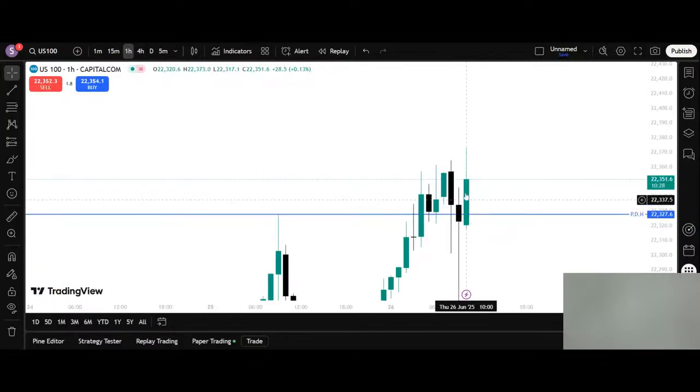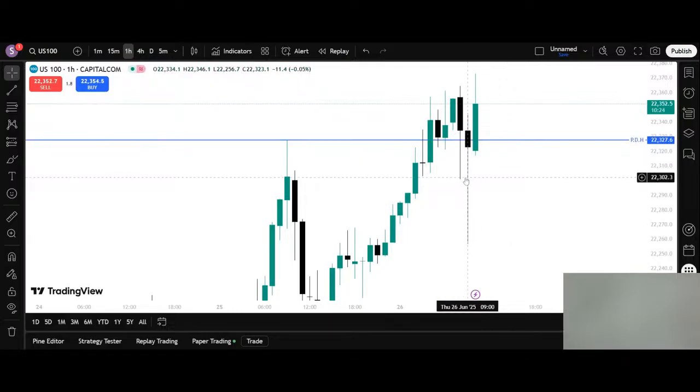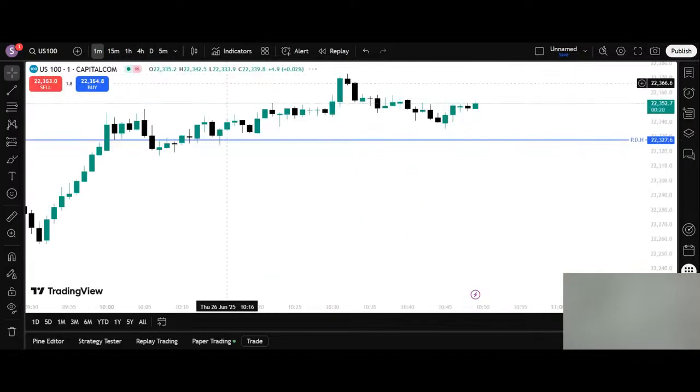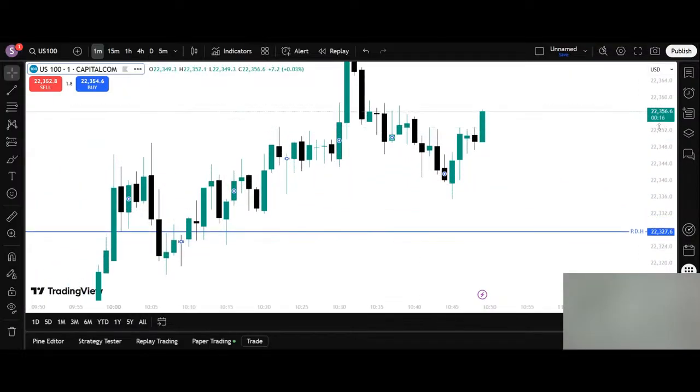If the 1 hour closes like this, it will be hard to go down. So I want to see a good setup close down here.